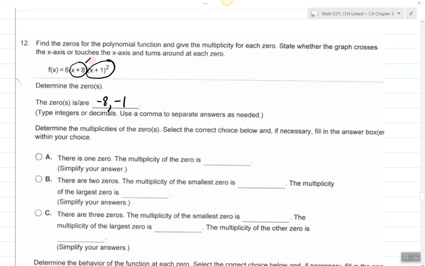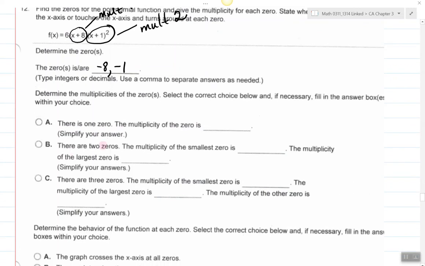Now, this one is multiplicity 1. This one is multiplicity 2. This is a constant, and it does not affect this at all. Okay, there is 1 zero. No, there's not 1 zero, there are 2 zeros.